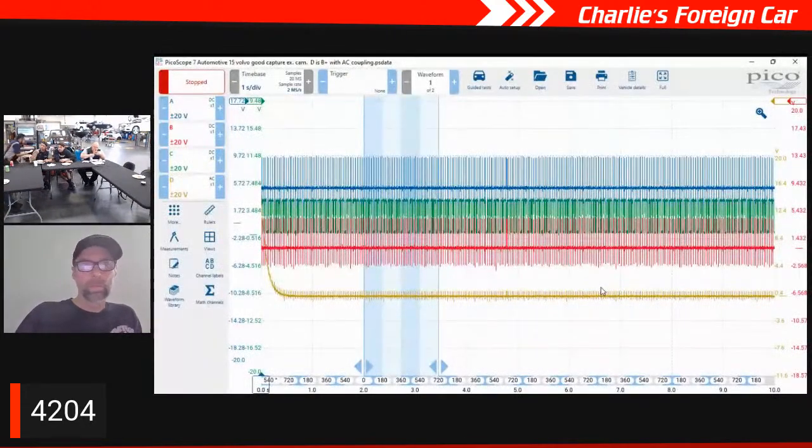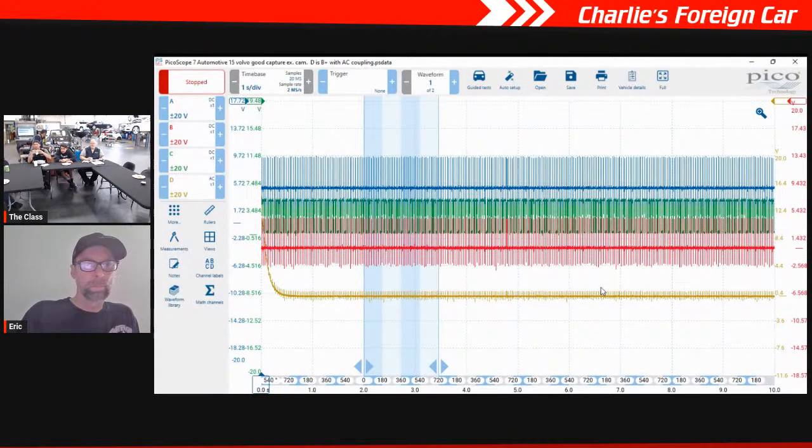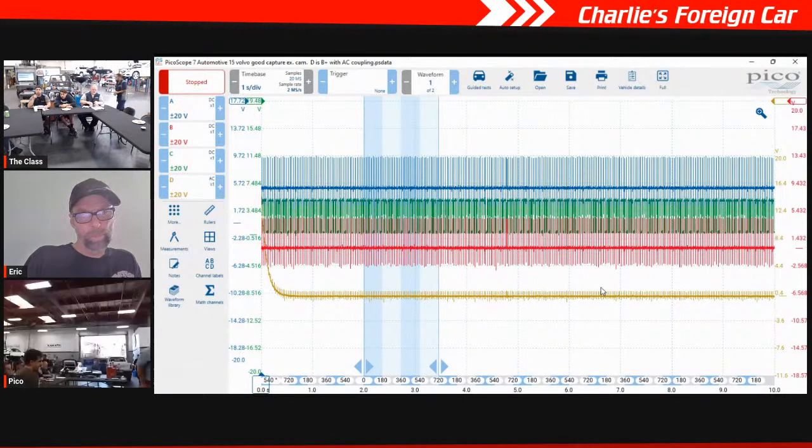So, okay. What we did is we're monitoring the crankshaft signal at this connector right here. We're monitoring the intake cam signal at this connector, and the exhaust cam sensor at this connector. And we're also monitoring ignition 1, the small wire of the ignition 1 coil pack.